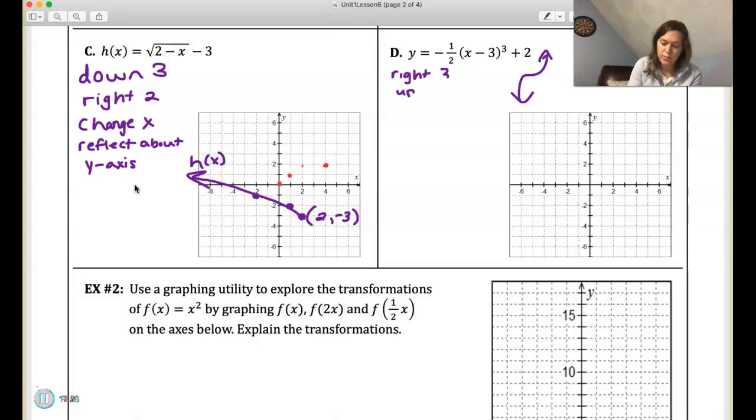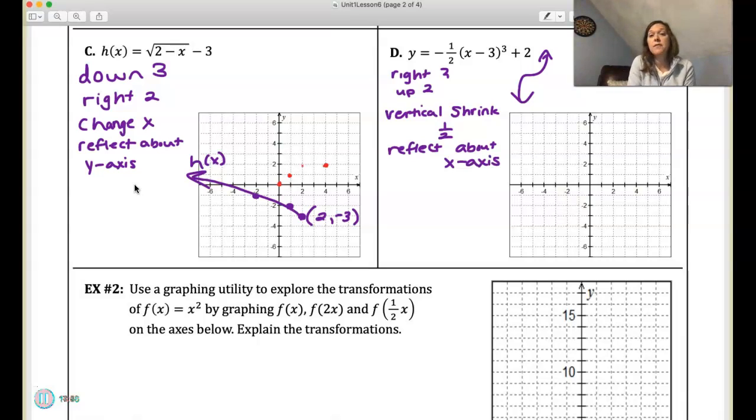We have an up 2, and then because our scale factor is on the outside, a vertical shrink of 1/2, and then a reflection about the x-axis, because we're taking the negative of our y's. Okay, so right 3, up 2, so that puts me at 3, 2.